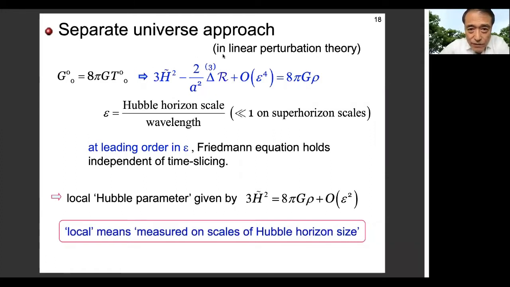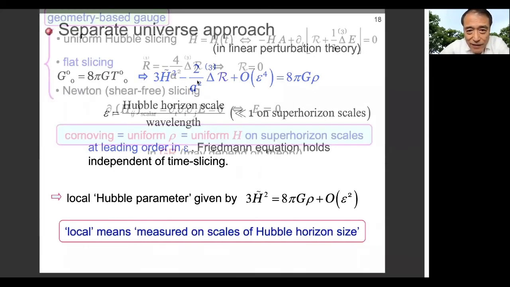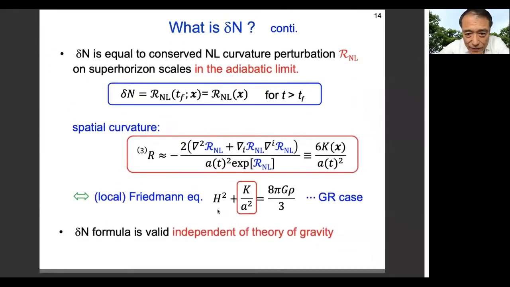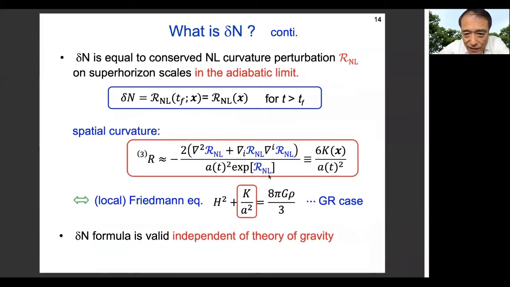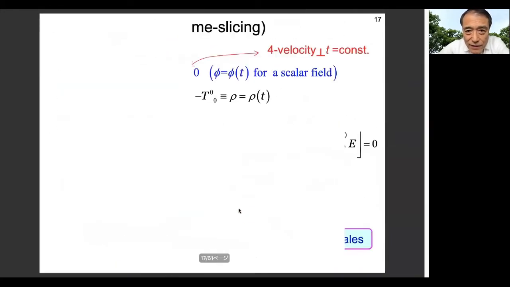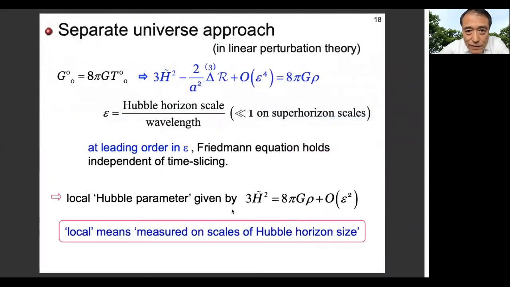So this resembles completely, if you remember, maybe I have it after this, the Friedmann equation. It's just multiplying by 3 on both sides. Then, oops, then you have this.